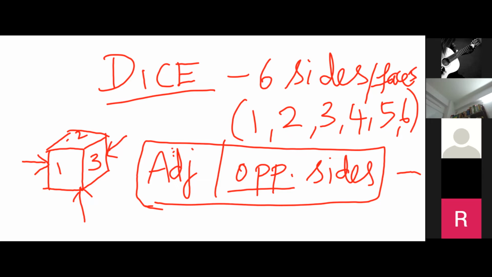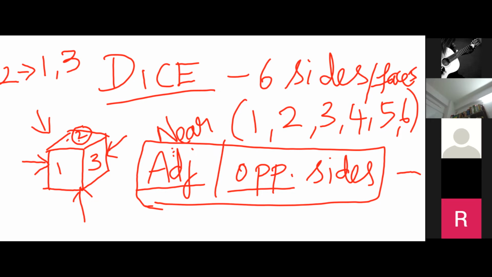Let us consider this dice face with the value 2. Adjacent means near. So to the value 2 in this given diagram, the adjacent sides in the visible part are 1 and 3.